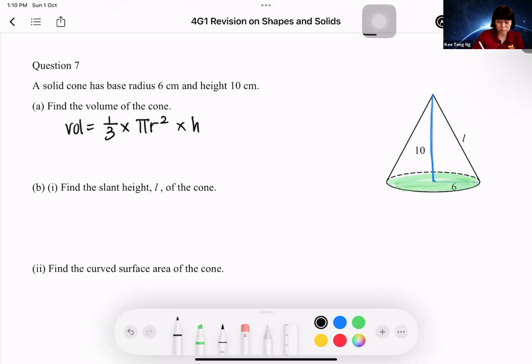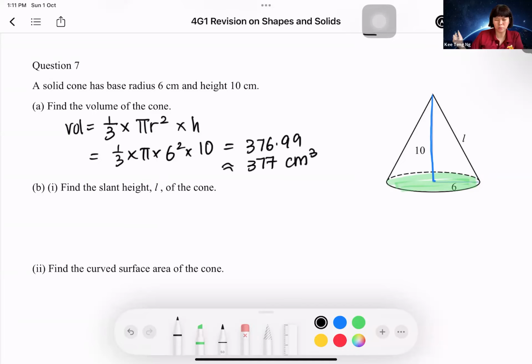Okay, so in this case it will be 1/3 times pi. And we have the answer, 376.99, rounding it off, 377 cm cubed.